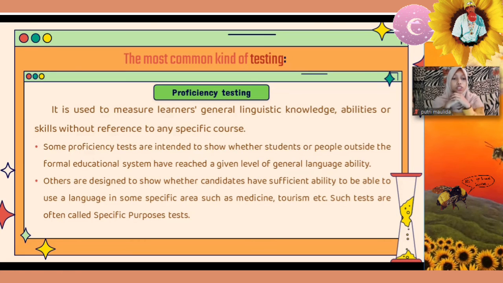And then proficiency testing. Proficiency testing is used to measure learners' general linguistic knowledge. So it's focusing on the linguistics. Proficiency testing is intended for students or people outside the formal educational system, to see how far they have mastered general language ability.